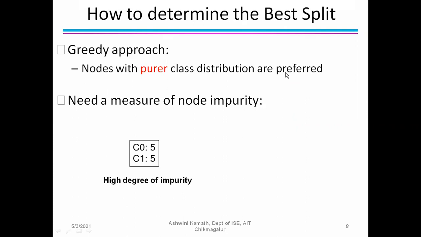First we need to check what a high degree of impurity is. That is C0 equal to 5 and C1 equal to 5. That is, equal values of C0 and C1 for some attribute. Consider yes and no, for example, where we have 50% yes and 50% no. Which one to consider, yes or no?